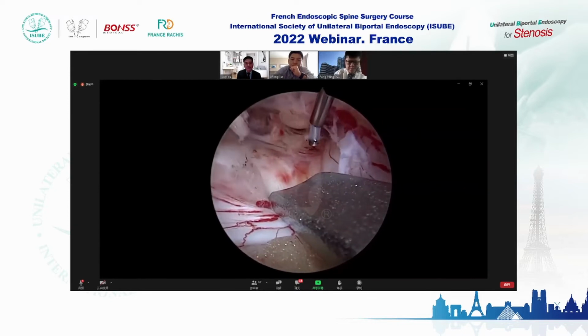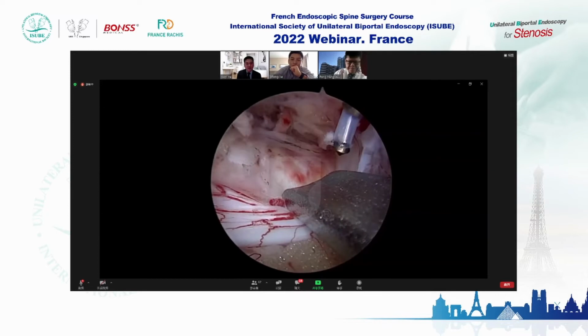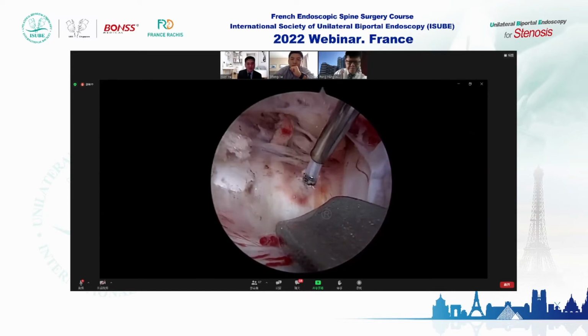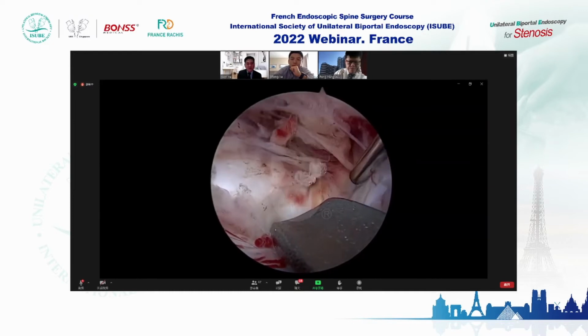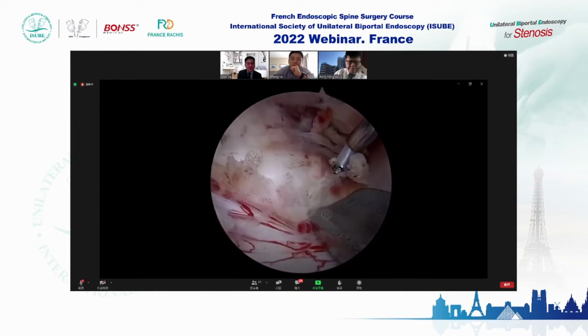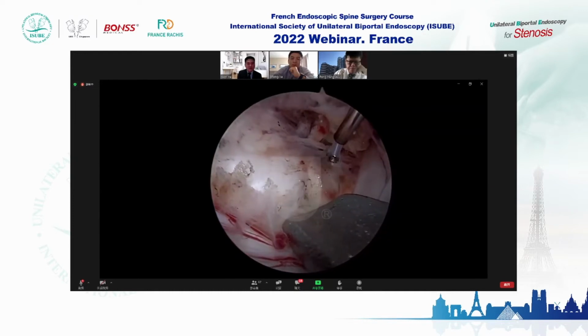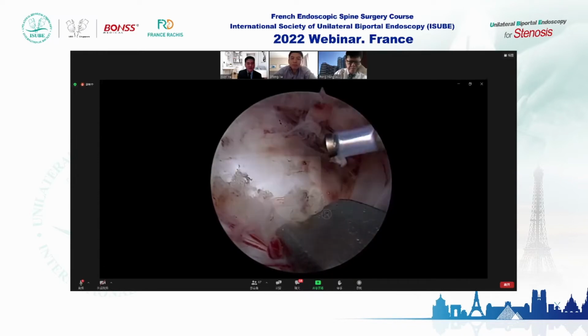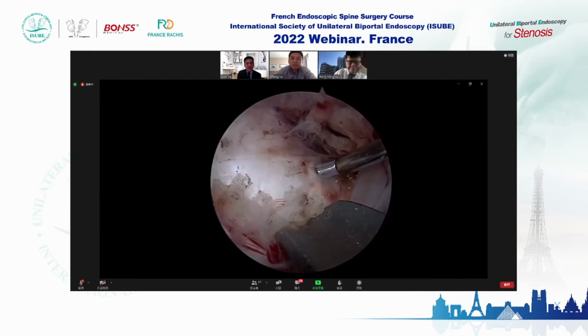Very big. So the hook is held by the assistant. Ipsilateral portal. I insert the retractor through the ipsilateral portal. OK，是助手帮你拿的吧？Assistant. Yeah. Very good.